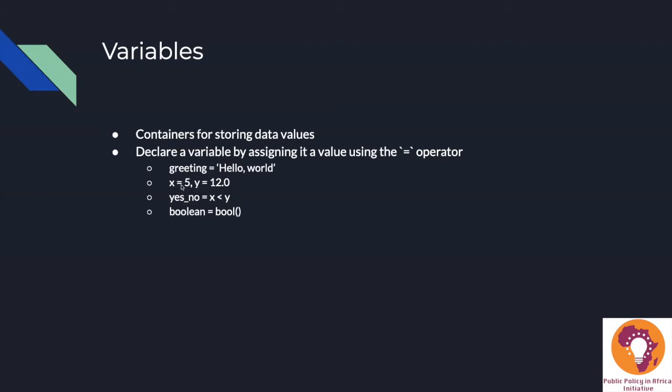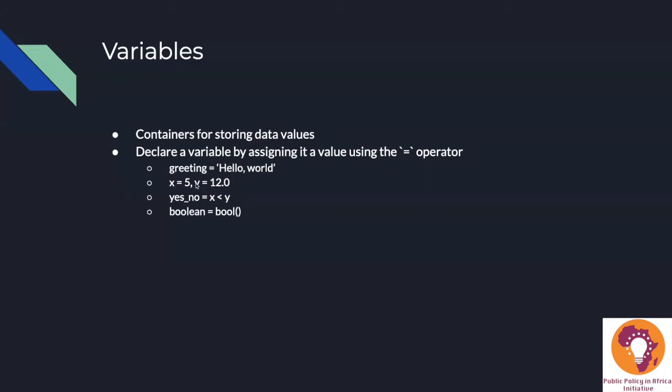Here we're assigning x the value 5, which is an integer, and y the value 12.0, which is a float. We could cast it to an int because it has the .0, but in this case, it's a float. And you can assign things on the same line using the comma like that. But it's easier to read your code if you just do it line by line. I'm just showing you what you theoretically could do.